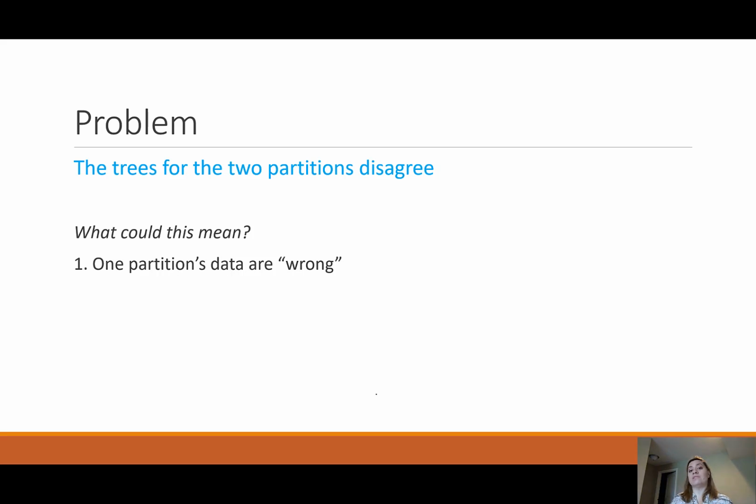Remember, this is not maximum likelihood. We're talking about parsimony, and so no molecular models have been used here. Parsimony does not allow you to do that, which is one of its weaknesses. So either one partition's data are wrong, or the two partitions have a different evolutionary history and both partitions' data are correct. So which is it?